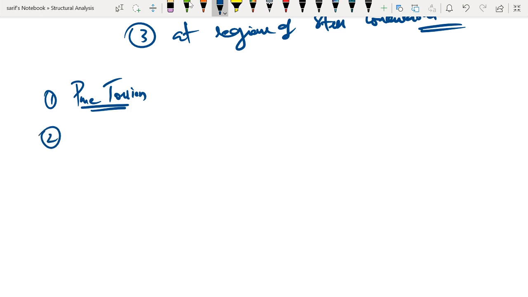Then we derived the torsional formula, which is T divided by J, where T is the torsional moment of resistance or the torsional capacity, and J is the polar moment of inertia, is equal to tau max divided by capital R. Tau max is the maximum shear stress which is at the surface, that is at a radial distance capital R, and which is the same as tau divided by small r, the shear stress at any point at a distance r from the center.